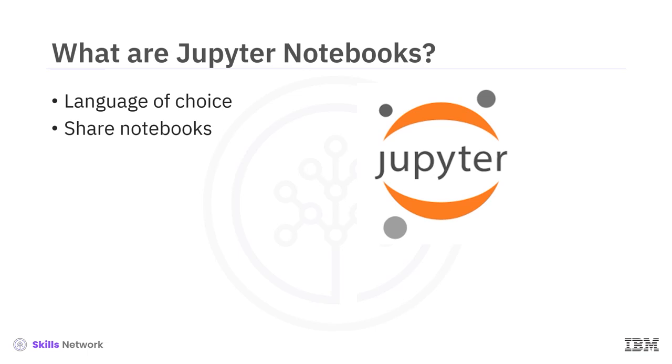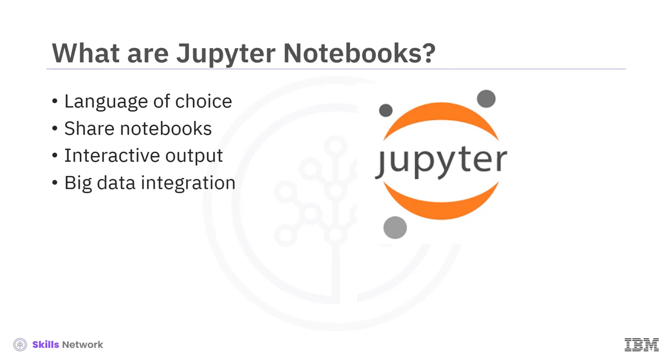Notebooks can be shared with others by email, Dropbox, GitHub, and the Jupyter Notebook Viewer. Your code can produce rich interactive output: HTML, images, videos, LaTeX, and custom MIME types. You can leverage big data tools such as Apache Spark from Python, R, and Scala, and explore that same data with Pandas, scikit-learn, ggplot2, and TensorFlow.